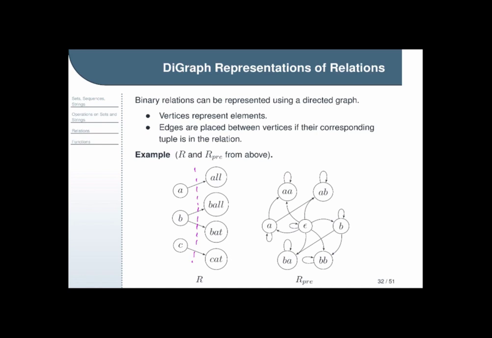Now, if you've seen a graph before, there's nothing particularly special about this arrangement. You can write the vertices however you want. We could write them all in a line if we wanted, but if we did that, then all of the edges would cross each other in a more confusing way.